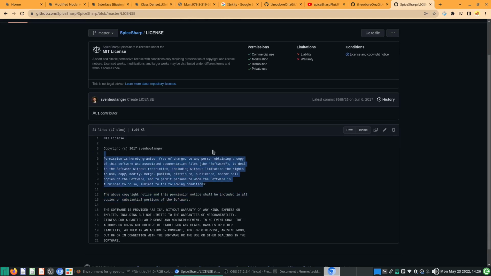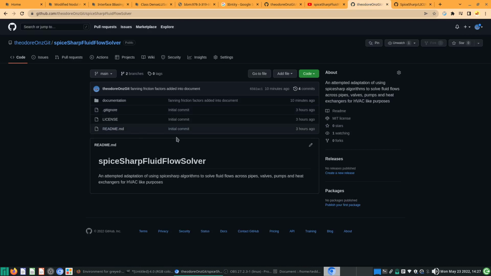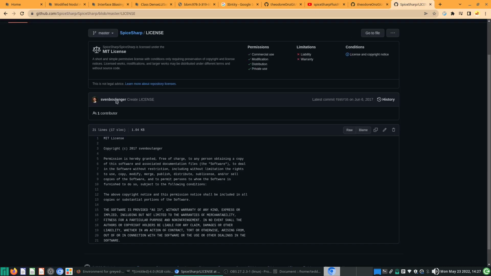So I will be using this MIT license, and I'll probably copy and paste bits of it. I'll be using this SpiceSharp Fluid Flow Solver as a derivative of the SpiceSharp electrical circuit solver.